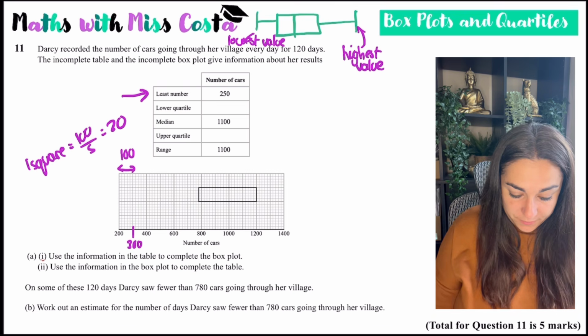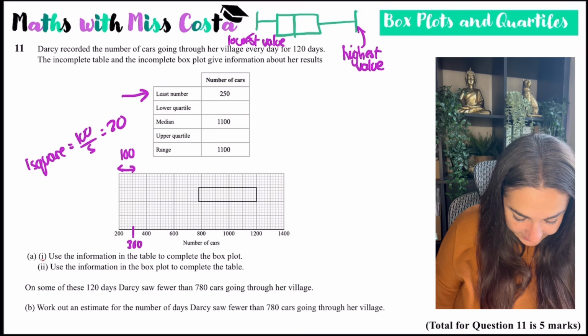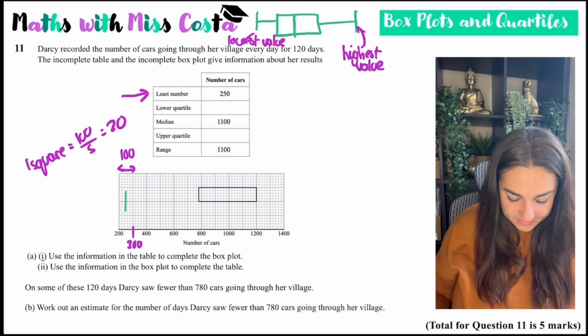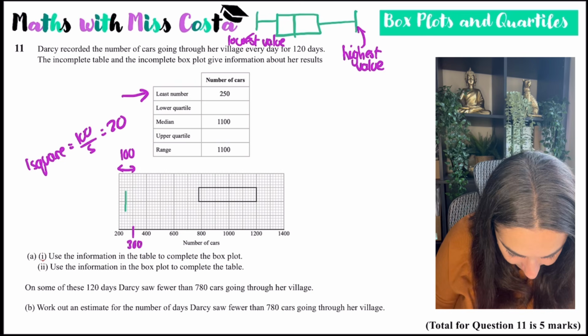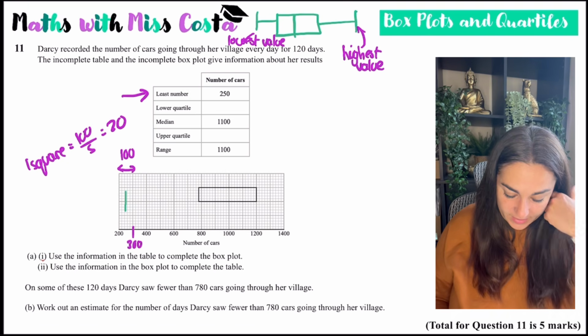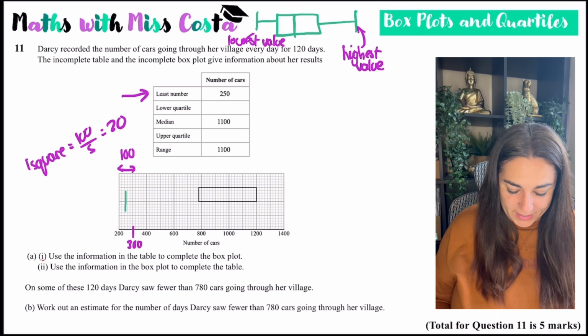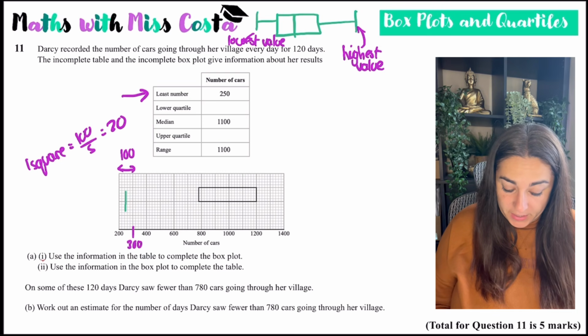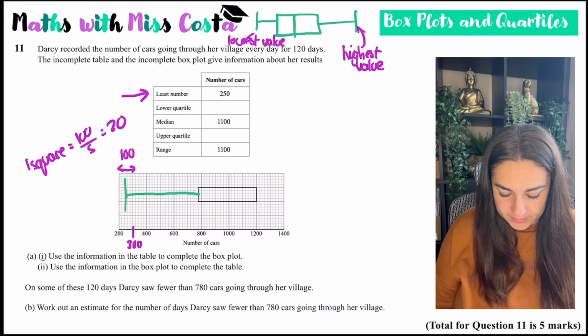So 250 is going to be like there, in between 40 and 60. Yeah, I mean, it's not great because it's with a large pen on a small screen, but much more accurate if you do it on your paper. So I know the lowest value is 250, so I can just draw that there and connect it to my box plot.